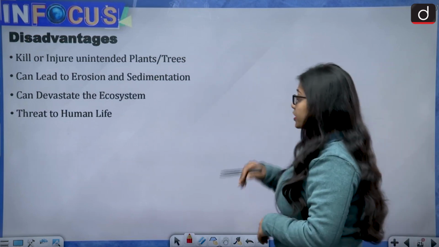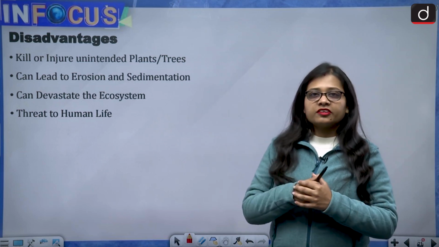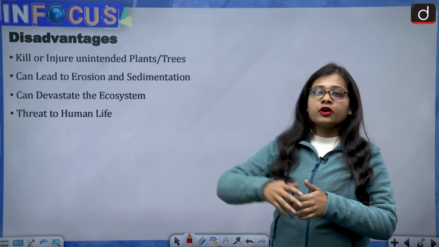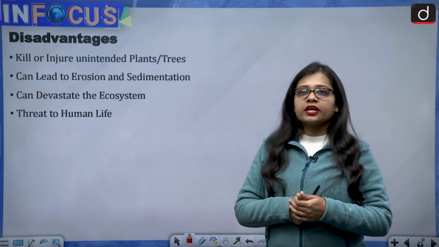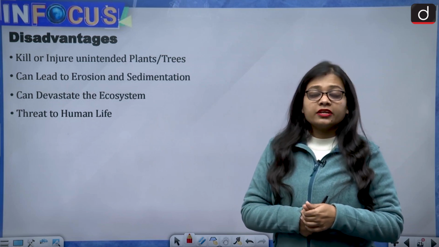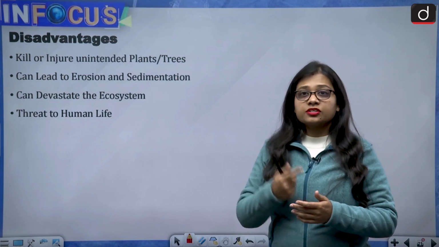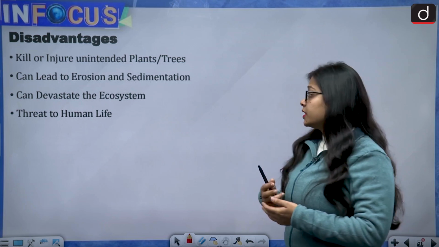Then comes, what are the disadvantages? The disadvantages are very simple. It is very harmful for the forest. It can destroy patches of forest very easily. Then it becomes very dangerous for the environment, as it adds very much to the pollution. Then it can disturb and destroy the ecosystem of any area very easily.